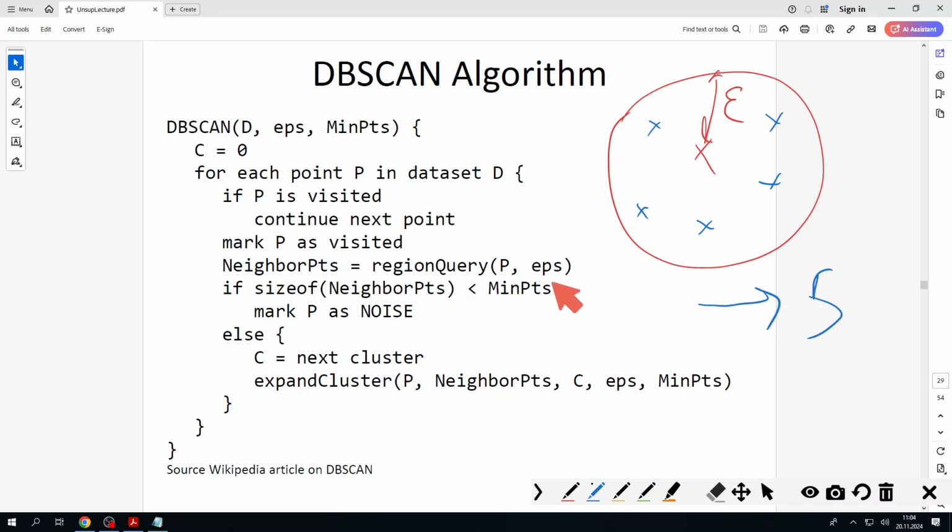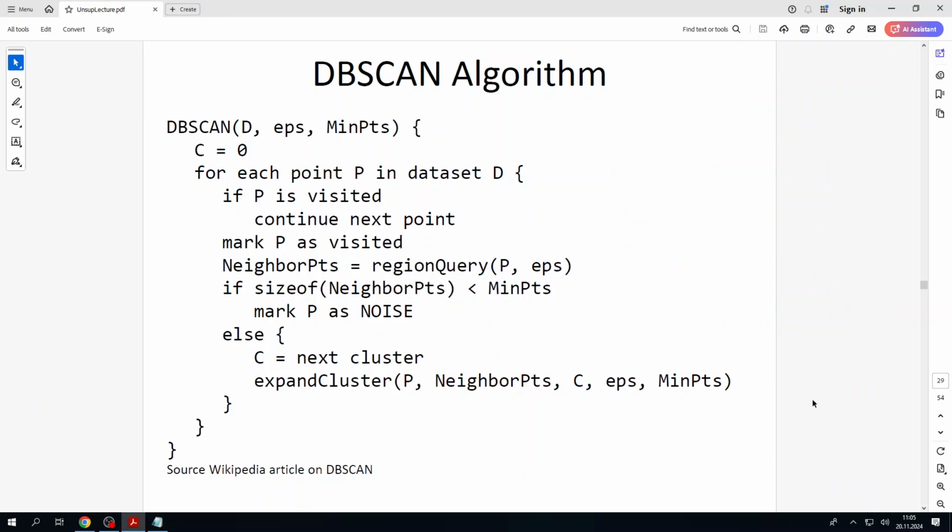If this number 5 is less than the minimum specified, which you have to specify as a parameter in this algorithm, then you say that it doesn't belong to any cluster. Now, if it has enough points, then you consider which cluster it belongs to, based on each neighbor iteratively, and then you repeat this process for the next point, and the next point, etc.